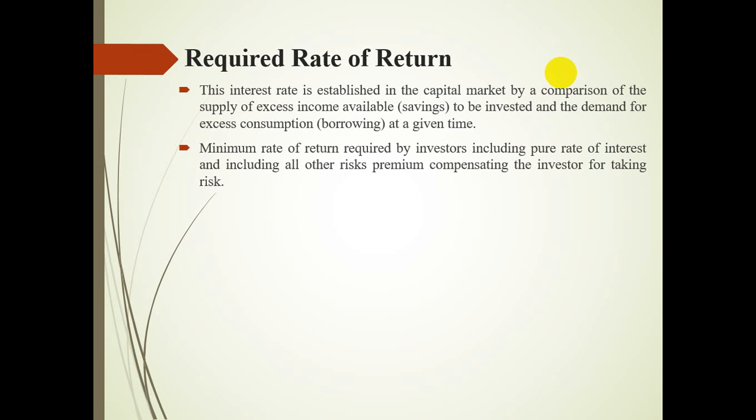It is the internal rate of return, the rate where your consumption is matched or exceeded by the supply of income that you have. It is the interest rate established by the capital market by comparing the supply of excess income to be saved and invested with the demand for excess consumption at a given time. So we have saving and we have borrowing, and for that purpose we set the required rate of return.